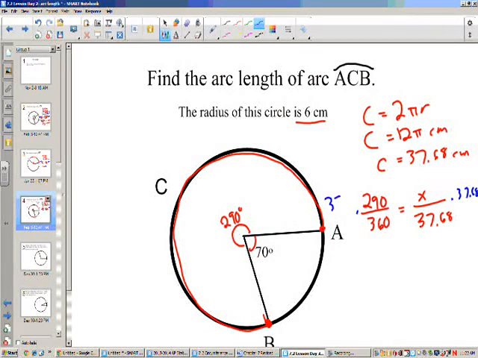And my arc length will be 37.68 times 290, divided by 360. And I have 30.35 centimeters. Now the circumference is about 38 all the way around, and so it makes sense that it's about 30 to go that far, because it's most of the way around the circle.